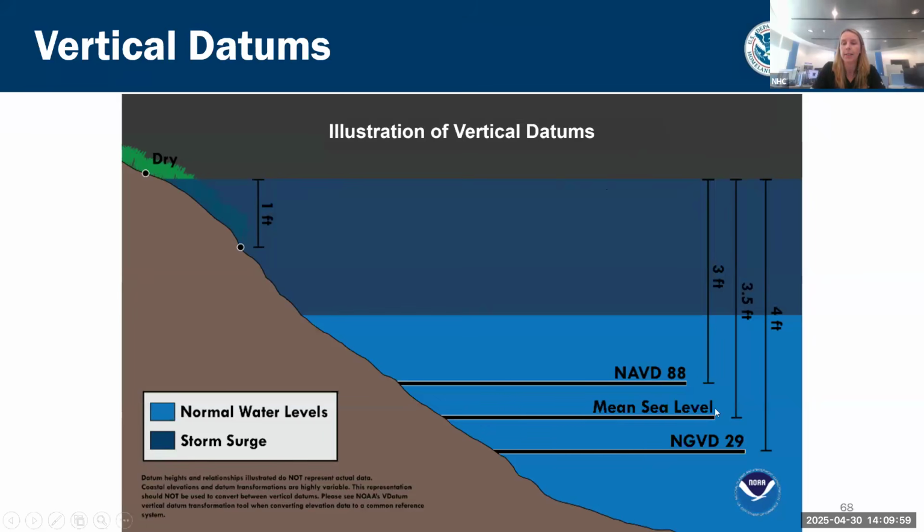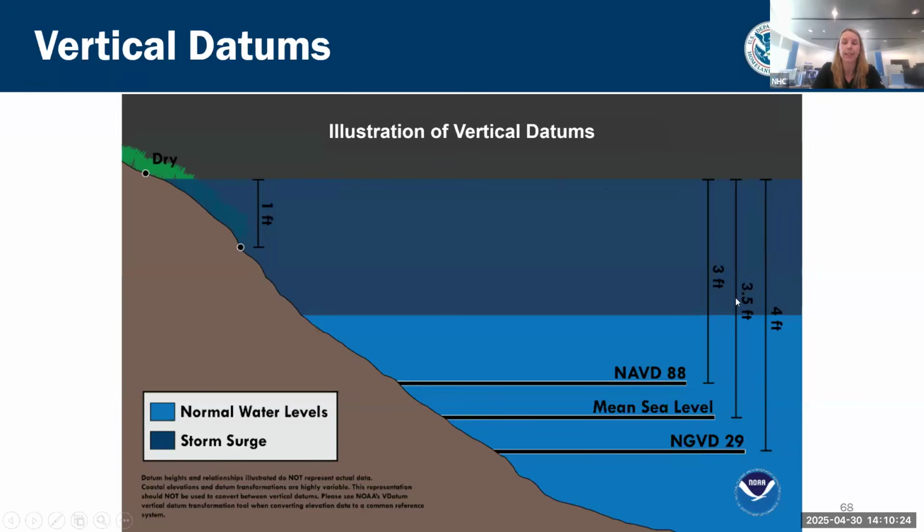And so in this case, there's a couple different vertical datums listed here. If I were counting from NGVD 29 or the National Geodetic Vertical Datum of 1929, I could describe this water level as 4 feet above NGVD 29. But we know there's many other ways to describe that same water level. You could describe it relative to mean sea level.